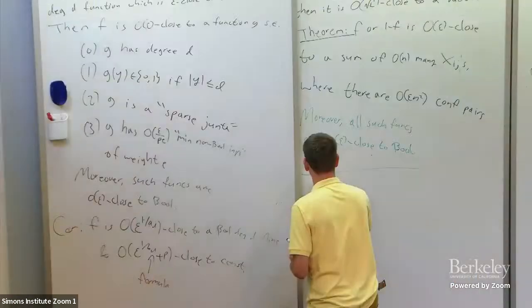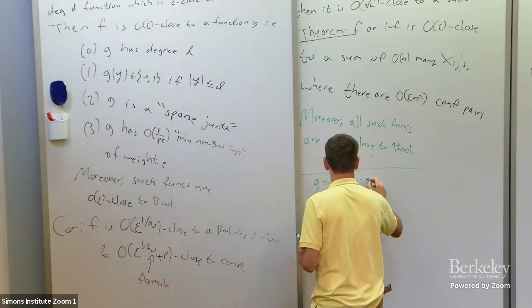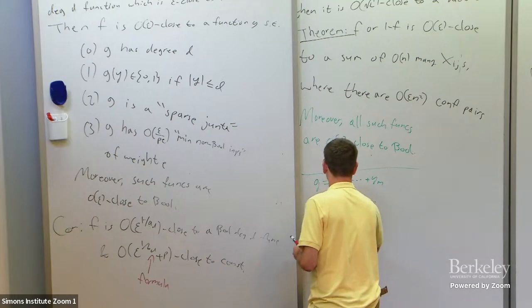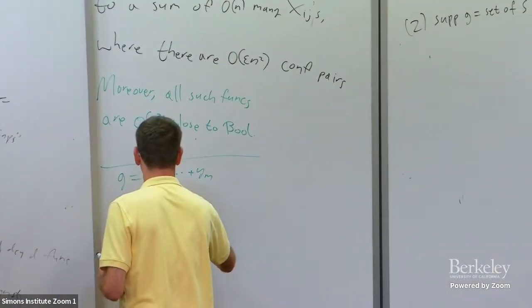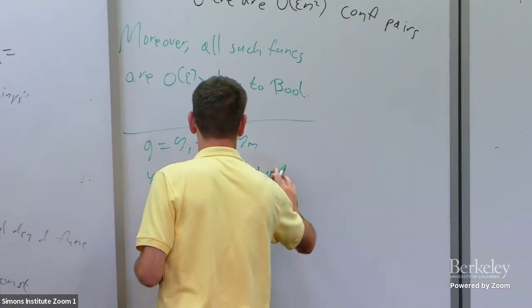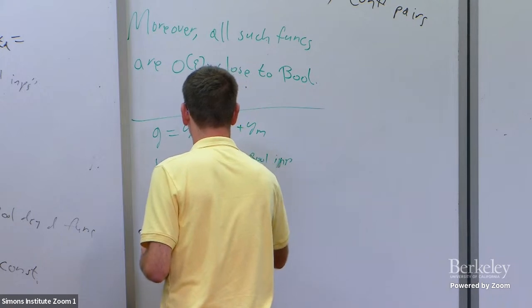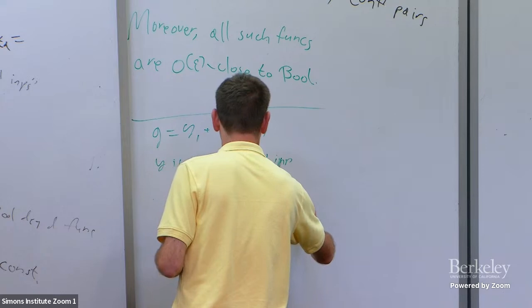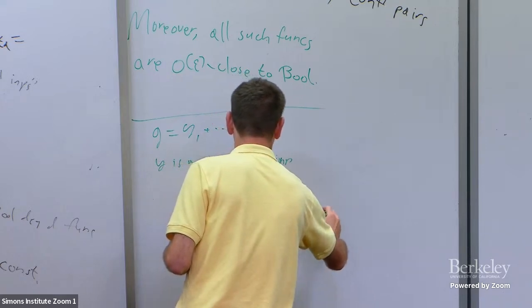So if G is y1 plus ... plus ym, then y is a minimal non-Boolean input if and only if y is of the form ei plus ej, where i and j are between 1 and m and different.